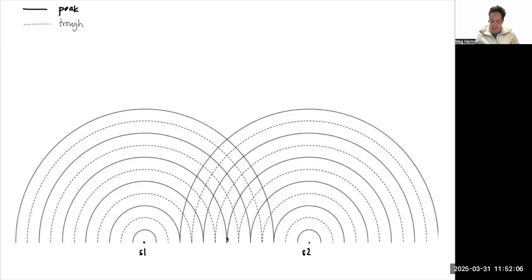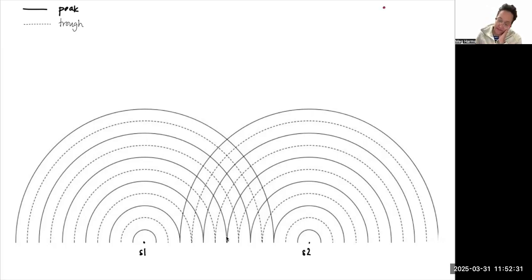And so as we think about this, we're going to end up having both constructive interference and destructive interference happening in this room. So constructive interference is going to happen when you have either two peaks or two troughs in the same place at the same time.